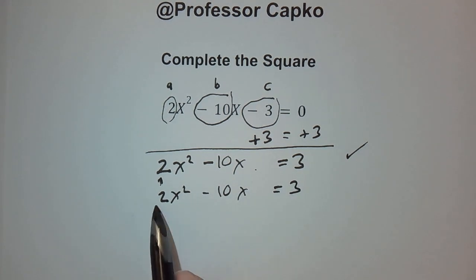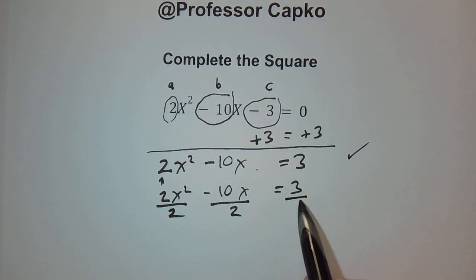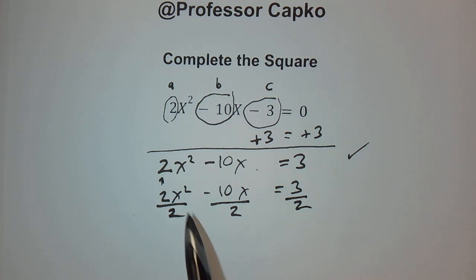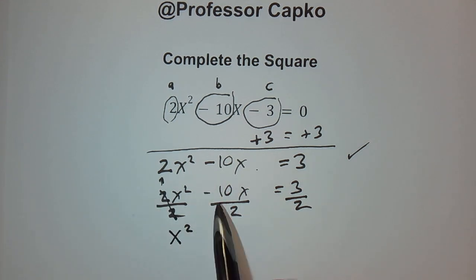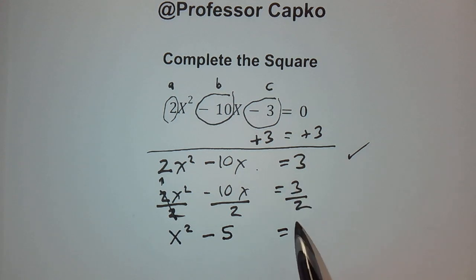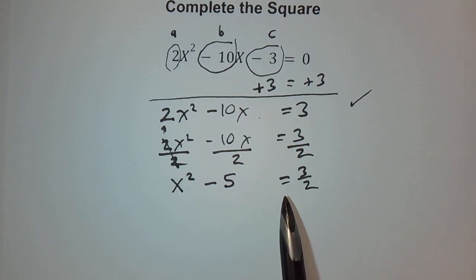And we're going to divide both sides, which means every single term we're going to divide by 2. We're dividing them all by 2. All right, so 2 over 2 goes away. That becomes a 1. So this is x squared. Negative 10x divided by 2 is negative 5x. And then 3 halves. We're going to leave that as is. Don't turn it into a decimal. Just leave it as a fraction. I'm going to push this up.